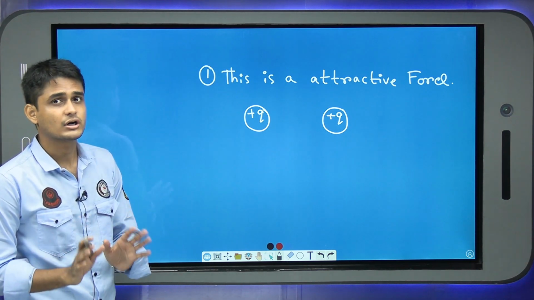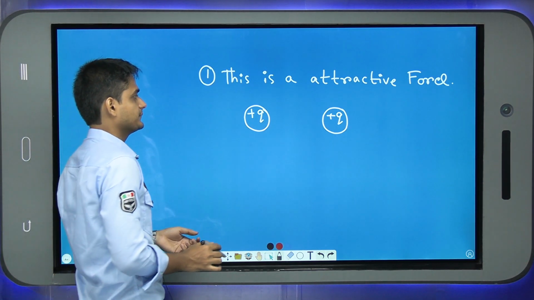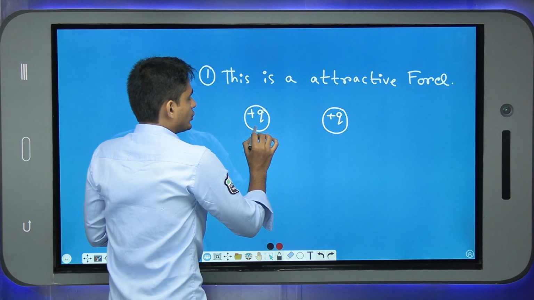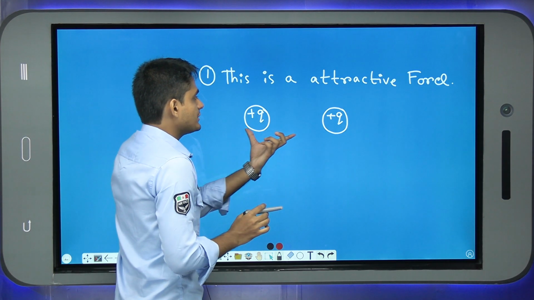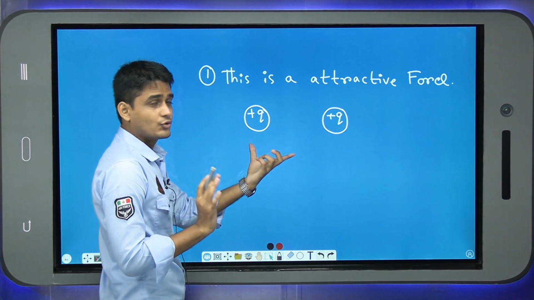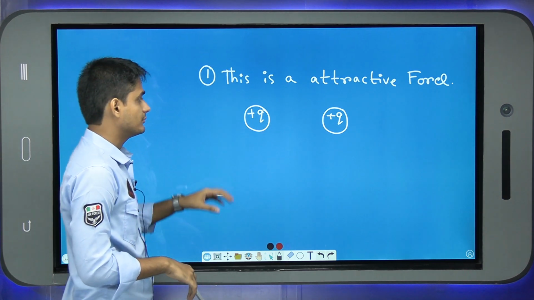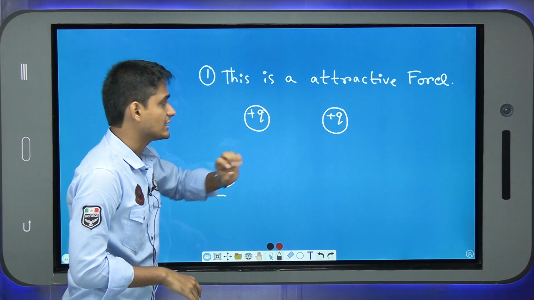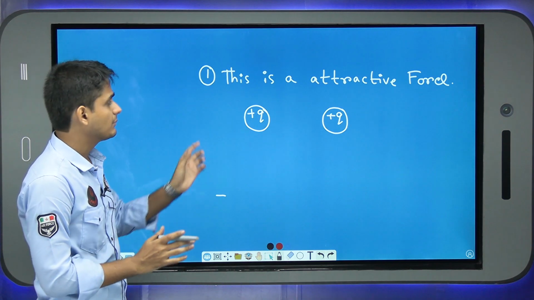It is not included in our chapter in class 9. So we can conclude that the force between them is not an attractive force, this is a repulsive force, because the two charges are of the same nature, plus.